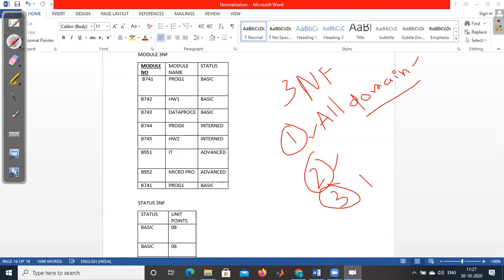It should not contain transitive dependency.